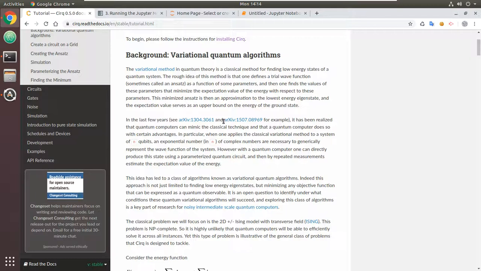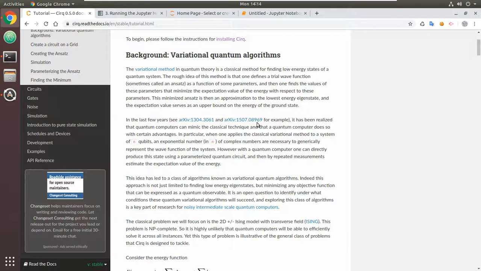So that's more or less what I've been reading before about VQE, right? But that's a classical version. So it defines a trial wave function which is parametrized, and then one finds the values of these parameters that minimize the expectation value of the energy with respect to these parameters.